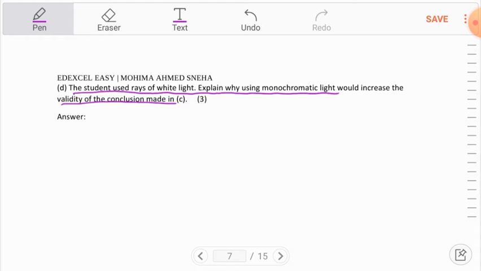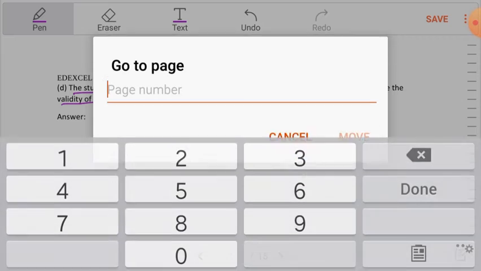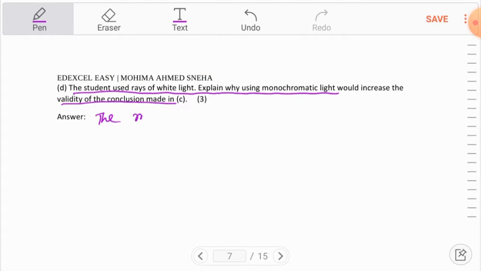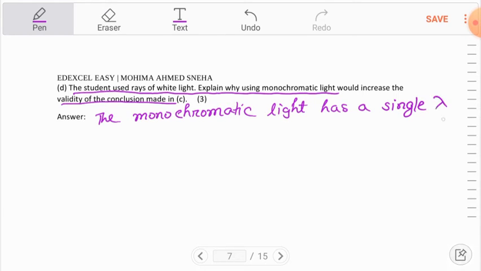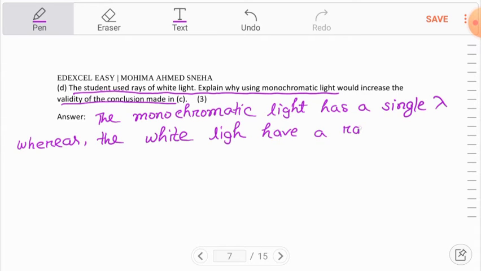So let's write it down. The monochromatic light has a single wavelength, whereas the white light has a range of wavelengths.